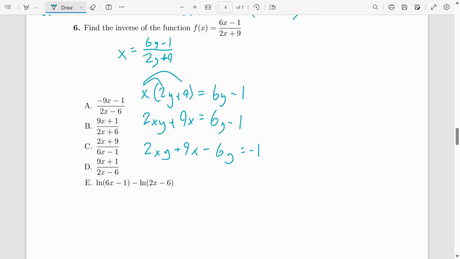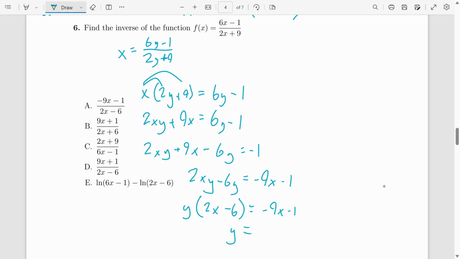Now let's try to get all of the non-y terms on the other side. So this will now be 2xy minus 6y. We can go ahead and subtract 9x from both sides. This is now negative 9x minus 1. Now we can take a y out from the left side. So this is y times 2x minus 6 equals negative 9x minus 1. And then divide both sides by 2x minus 6.